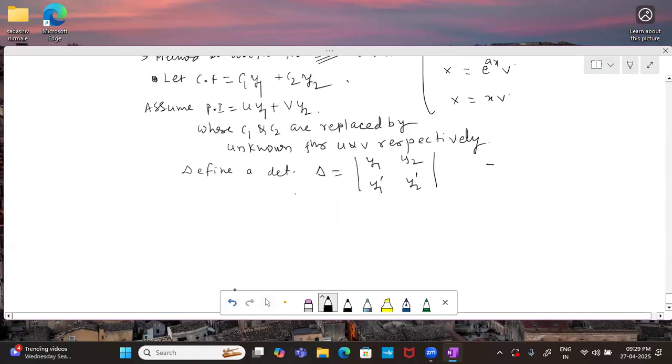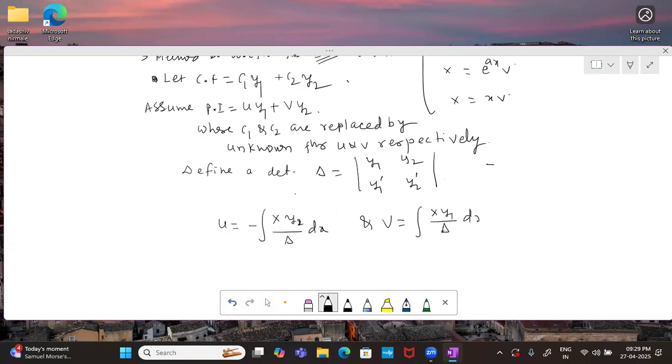Then u is minus integral of X y2 upon delta dx, where capital X is the right hand side, and v is integral of X y1 upon delta dx.